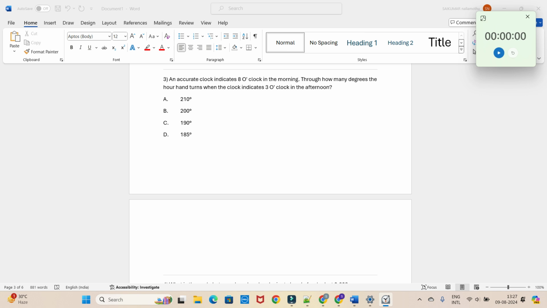Time's up. If you see, they're mentioning that at eight in the morning the clock accurately indicates 8. How many degrees have the hands turned when the clock indicates 3 o'clock in the afternoon?